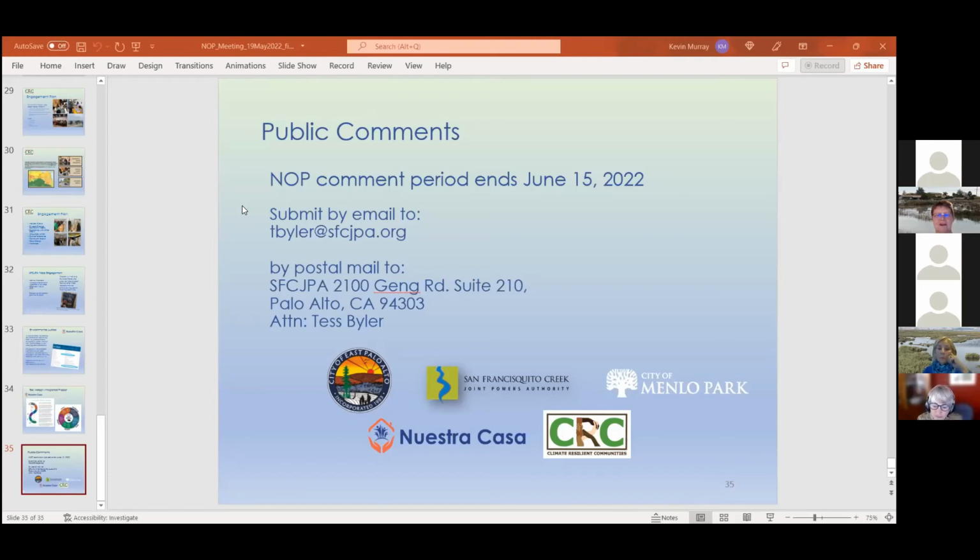Okay. There are a couple of questions about levee maintenance and in particular around vegetation growth. Tess, do you want to take that, or Kevin? Sure. The City of East Palo Alto has accepted maintenance responsibilities for the long term for the levees in East Palo Alto. So that would go to the East Palo Alto group, just the same as in Menlo Park.